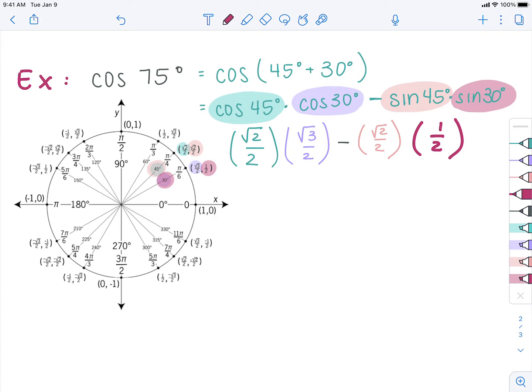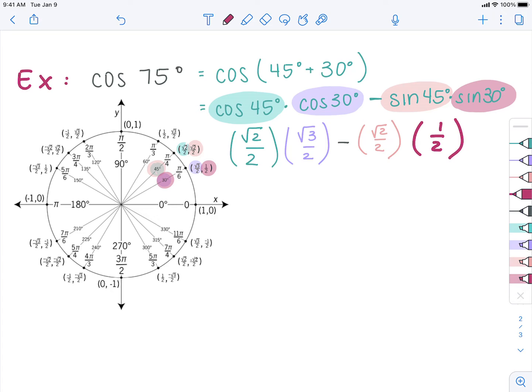So after I split my number up into two things that I can add or subtract from my unit circle, I plug those numbers straight into the formula for my identity. And then I look at my unit circle, or use my knowledge of it, to evaluate every piece of that.